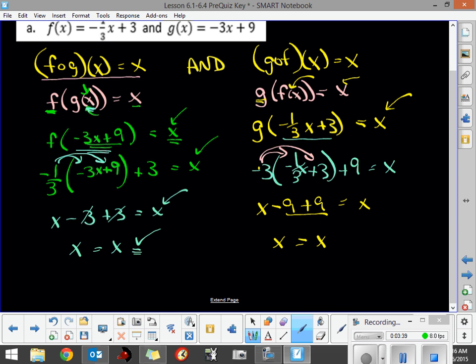What this establishes is that g will always undo whatever f does to it. So since they each undo each other, we can declare, therefore, they are inverses.